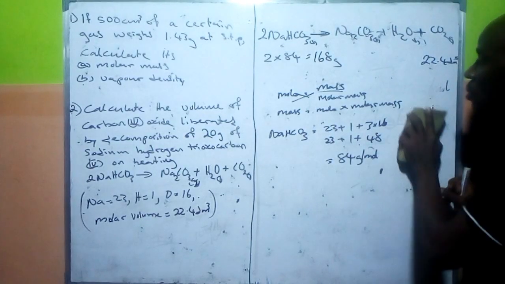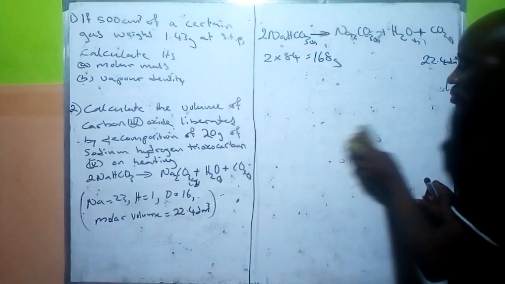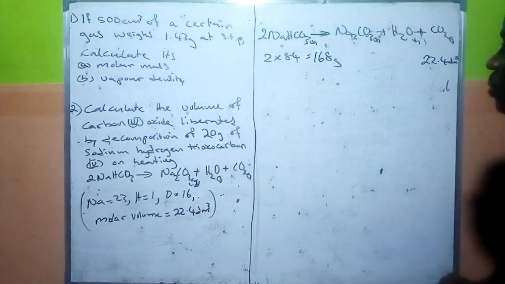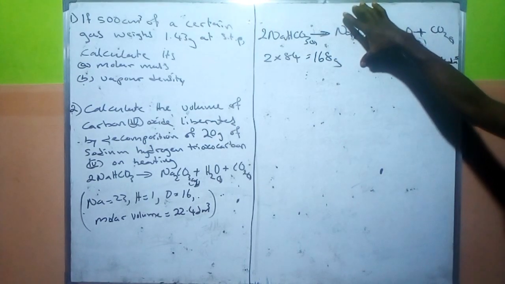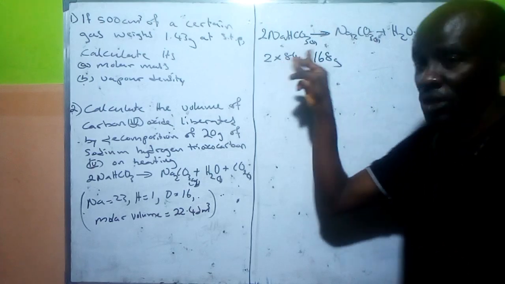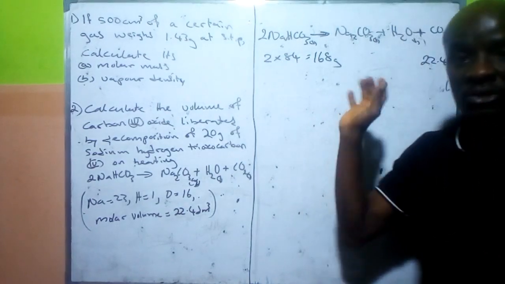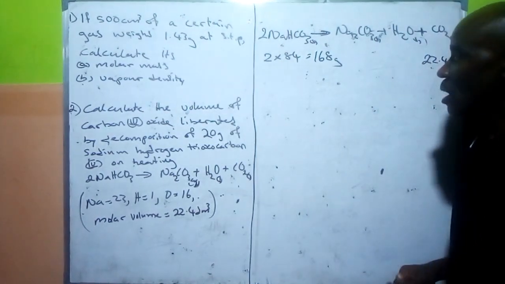I believe you are following. So from this chemical equation, we've been able to get the mass of the sodium hydrogen trioxocarbonate that will react.